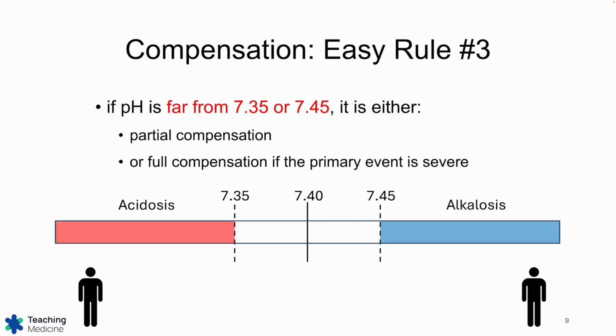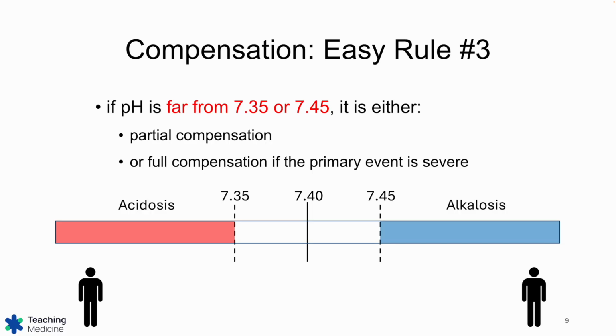And another thing is that if you have a very severe primary acidosis or a really severe primary alkalosis, sometimes you can have full compensation and it doesn't compensate really well. So the pH will still be fairly abnormal.